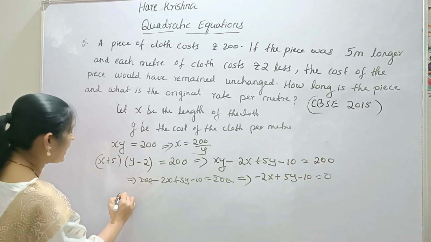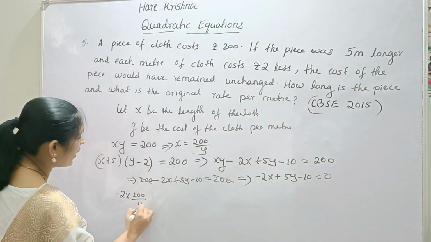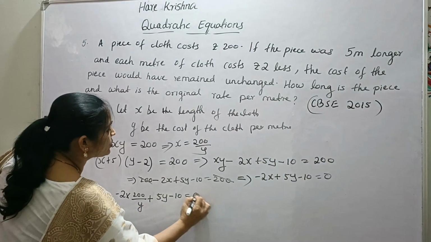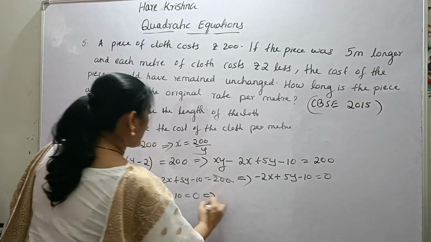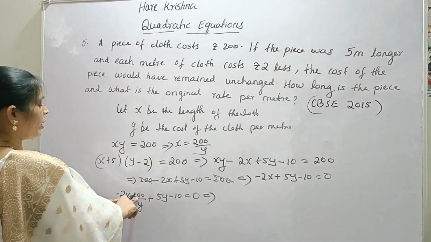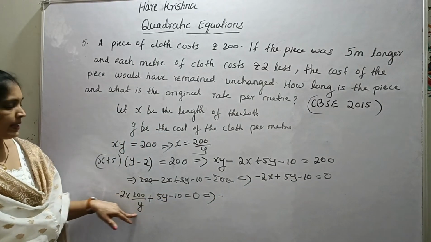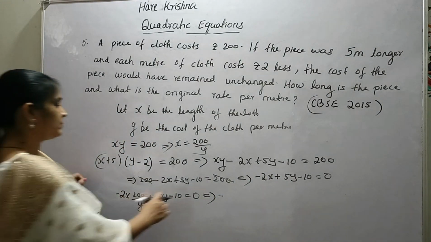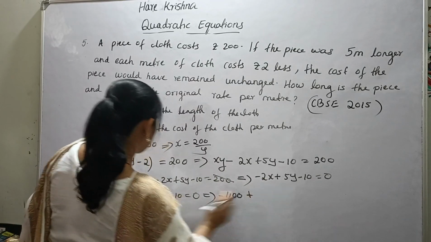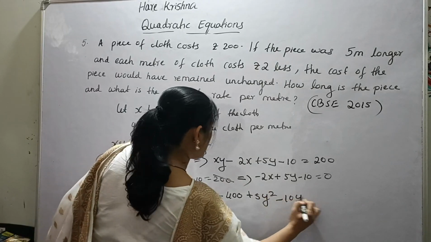So that we will get minus 2 into 200 divided by y plus 5y minus 10 is equal to 0. That implies minus 2 into 200, minus 400. Take LCM, y is the LCM, cross multiply: minus 400 plus 5y square minus 10y is equal to 0.